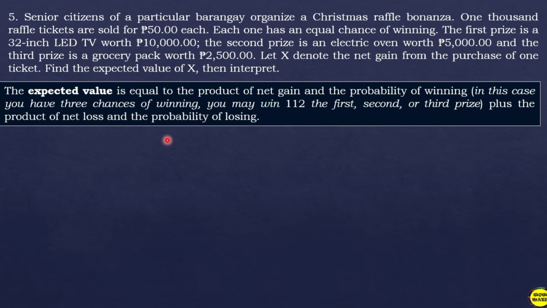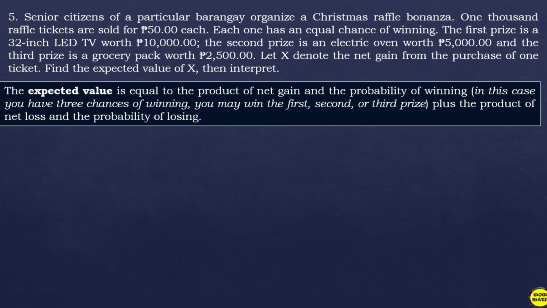Okay, so let us go through it one by one. The expected value is equal to the product of net gain and the probability of winning. In this case, you have 3 chances of winning. You may win the first, second, and third prize.